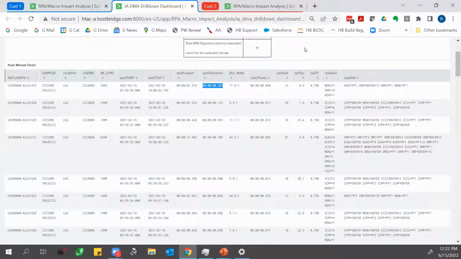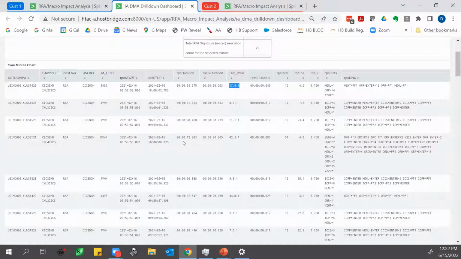The underlying activity was sub-second. All those transactions ran in a total duration of 203 milliseconds. And that's how we get this duration ratio to help you see and understand these sorts of factors.